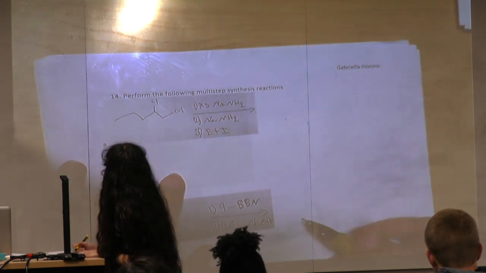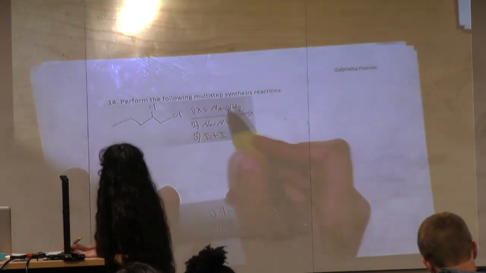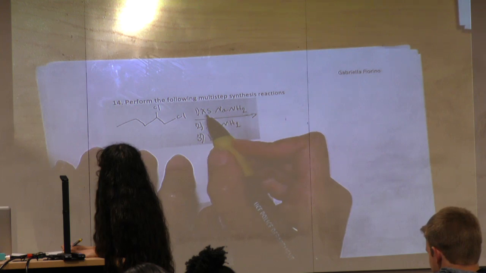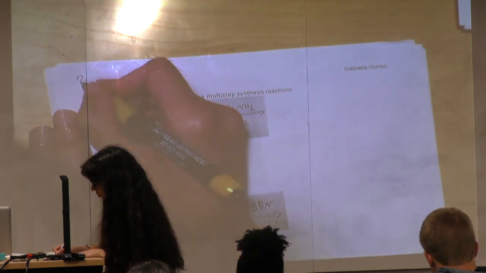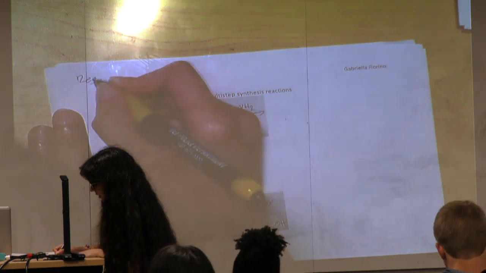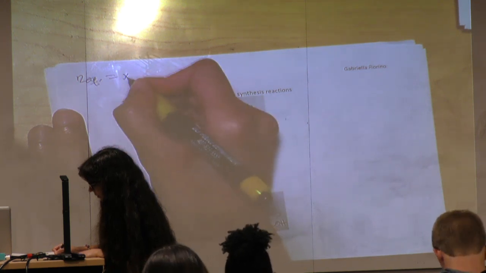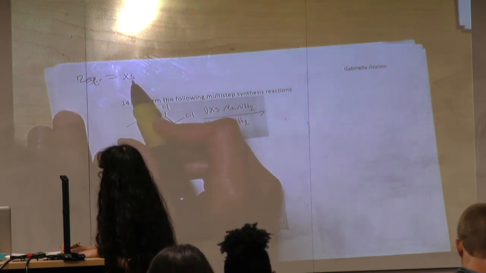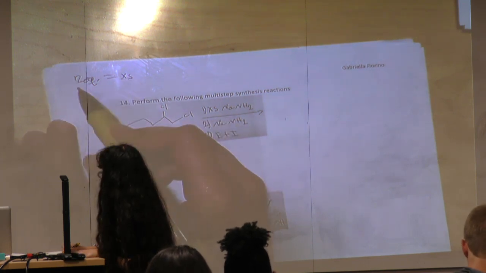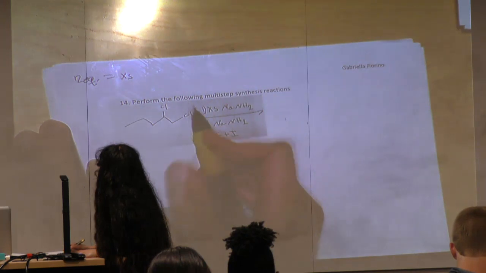Perform the following multi-step synthesis reactions. So what's another way to write XS? Yeah, perfect. So 2 equivalents is another way to write XS. Like Dr. Hashim says, that doesn't mean extra small, it just means excess. Like you have 2, you're in excess of something.